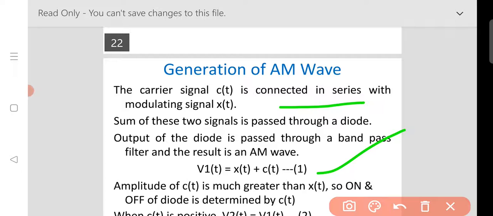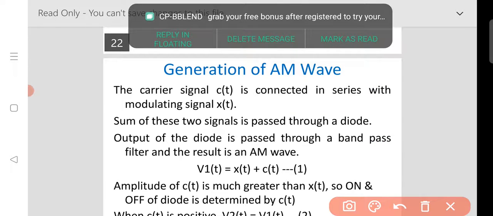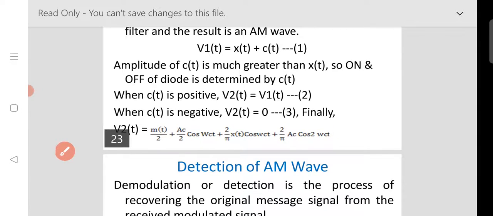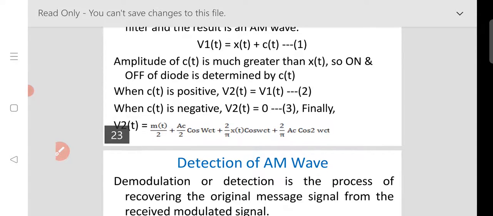This is the equation we just recalled, what we discussed in this class. This is the revision of the square law switching modulator. Okay, so the amplitude of c of t is much greater than x of t.